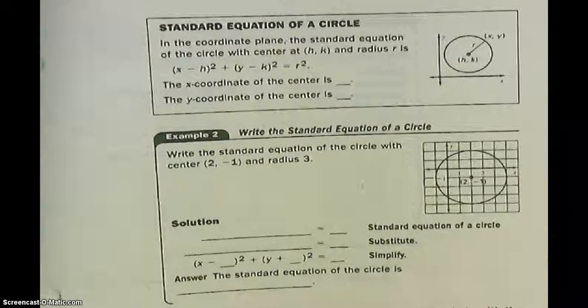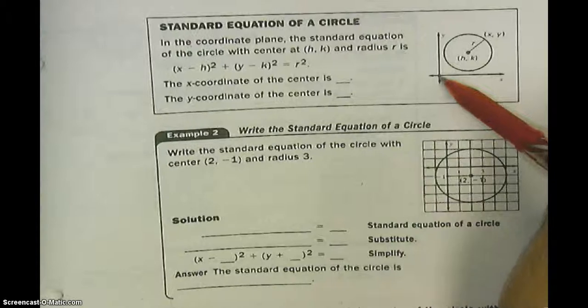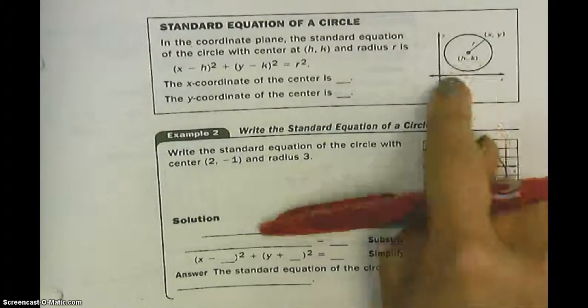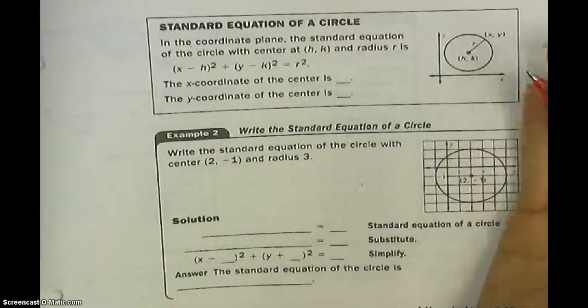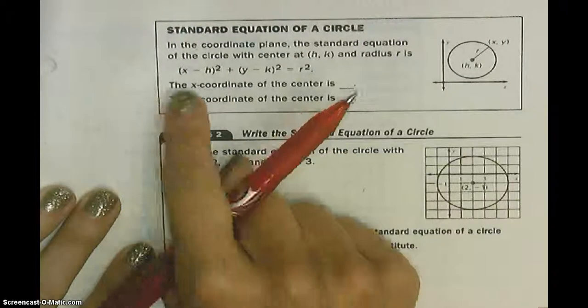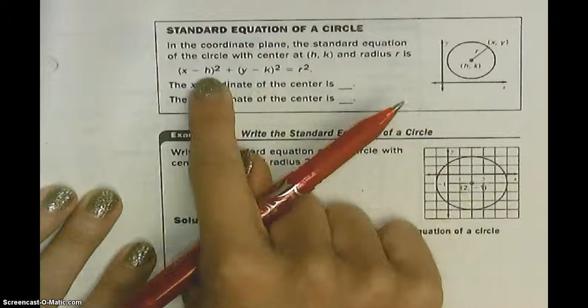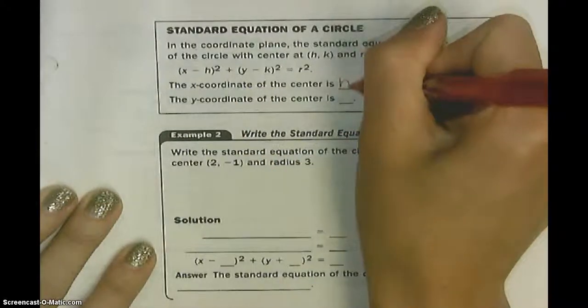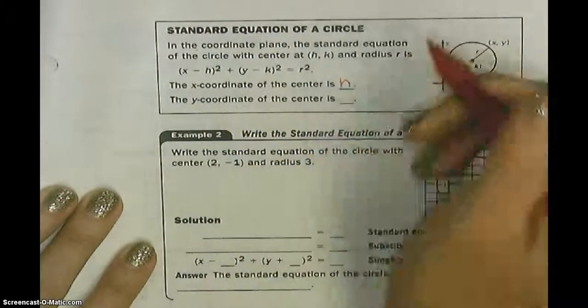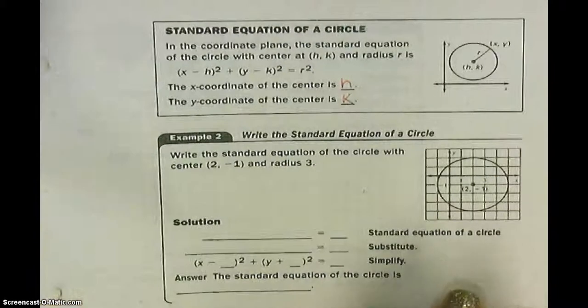Now you may have noticed in all of our examples before, the center was right on 0, 0. So what happens when we move this circle off of 0? What happens to our equation? Well, you have to subtract. Notice if the center is at h, k, you have to subtract the h and subtract the k from x and y.